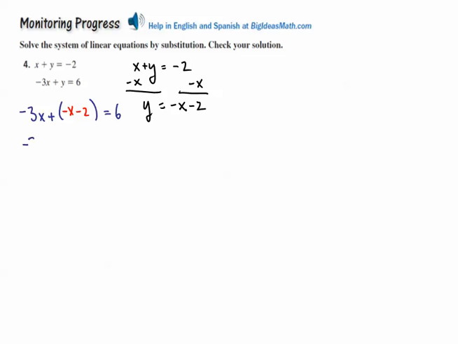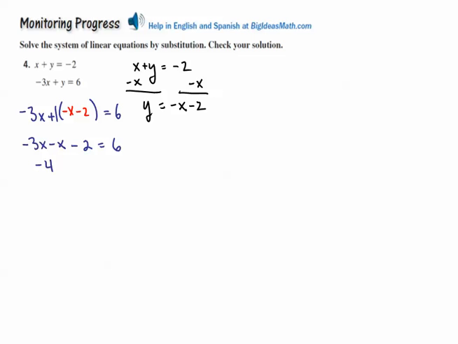I have negative 3x. Now again, what confuses a lot of students is when there's no number out front of the parentheses, we can put a 1 there and think of this as multiplying 1 times negative x, which is negative x, 1 times negative 2, which is negative 2, and then that is equal to 6.